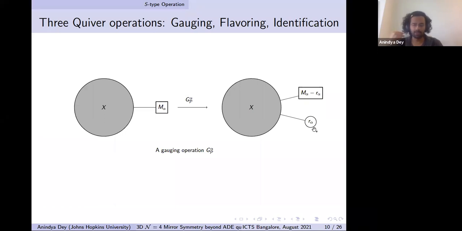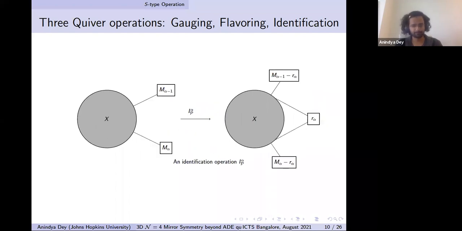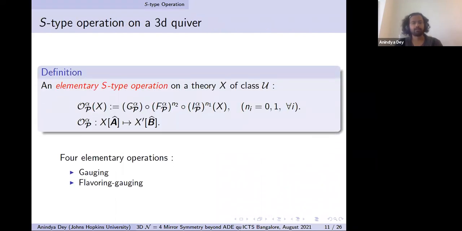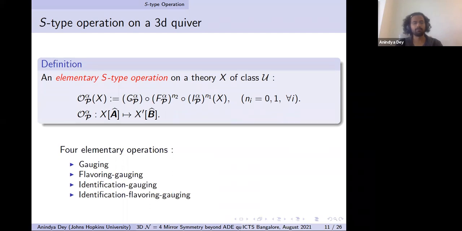Here I made a choice of which of the background gauge fields corresponding to U(M_alpha) should be considered as a U(R_alpha) background gauge field. So there was a map of background gauge fields from U(M_alpha) to the other side, and this choice is encoded in this permutation matrix P. For each P, you make a different choice of how to organize the background gauge fields into this new background gauge field.